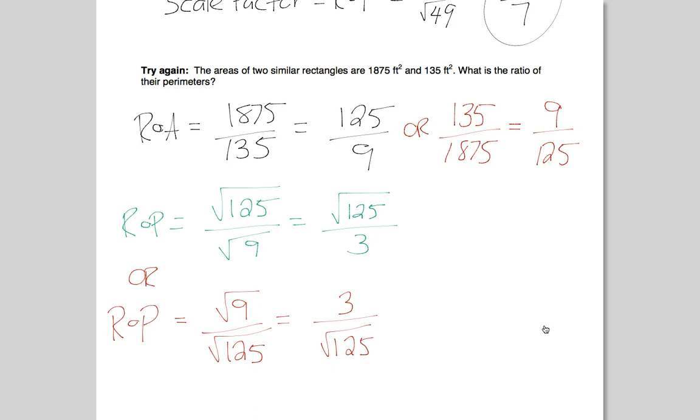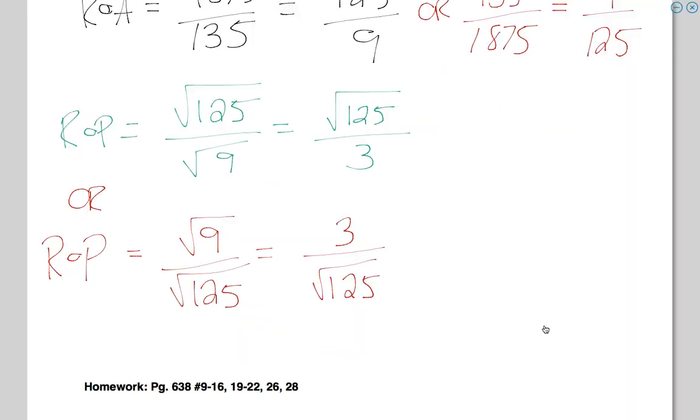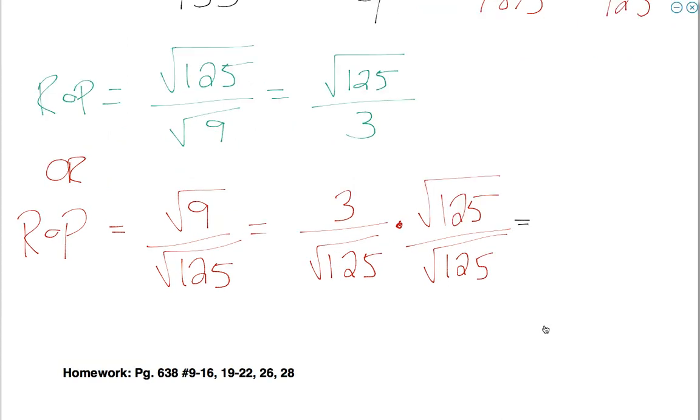And we cannot leave a square root in the denominator. So I need to multiply both the top and bottom by the square root of 125. This is rationalizing the denominator. So this is going to equal 3 times the square root of 125 over 125.